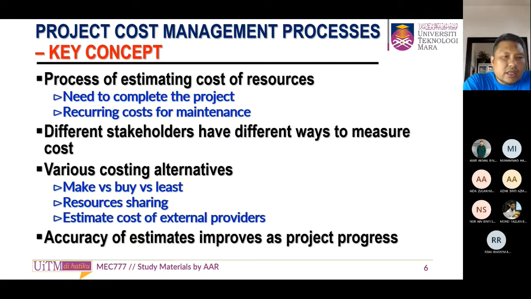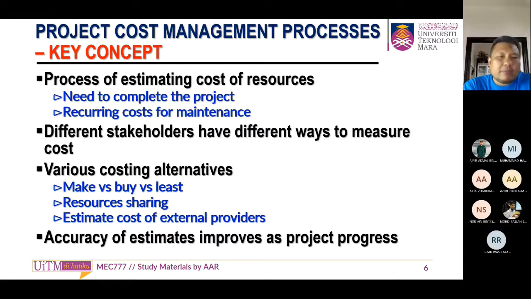The various costing alternatives: make versus buy versus lease. When we start the project, we need to decide whether we want to make it, buy it, or lease it. This depends on us. So that is the alternative cost. Then resource sharing: we have the functional manager, and the functional manager has certain resources, workers, that you can share.